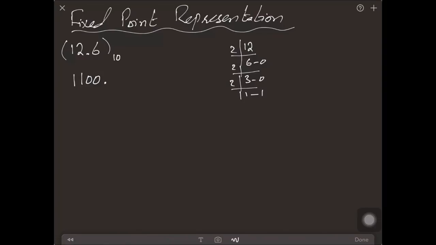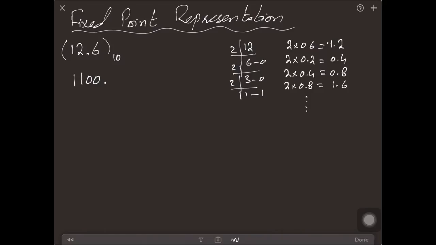Now as far as the fractional part is concerned, we multiply it with 2 and we get 1.2. We multiply the fractional part again, we get 0.4. 0.4 is multiplied with 2 again, we get 0.8, and if we multiply 0.8 with 2, we get 1.6, and this process goes on.